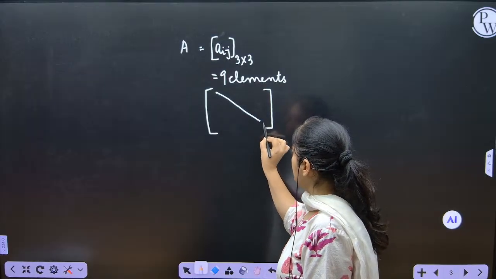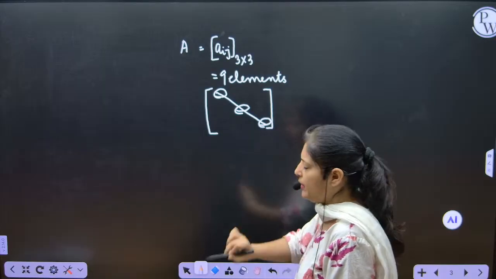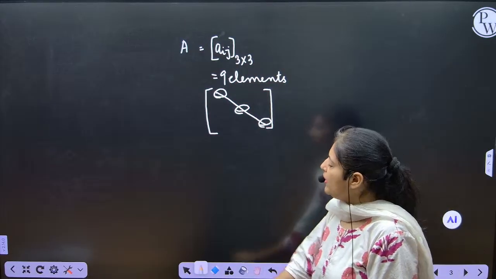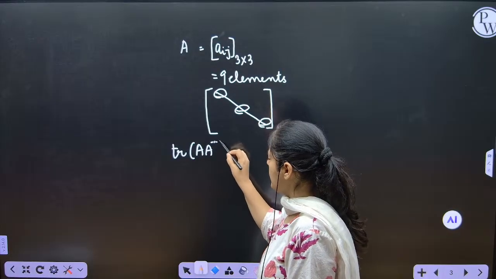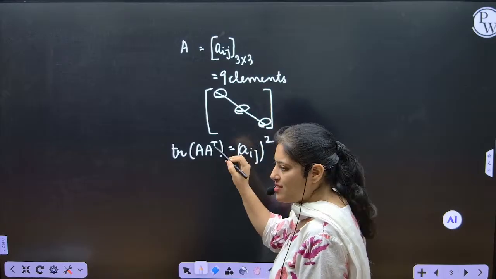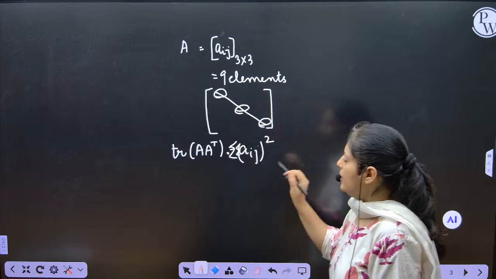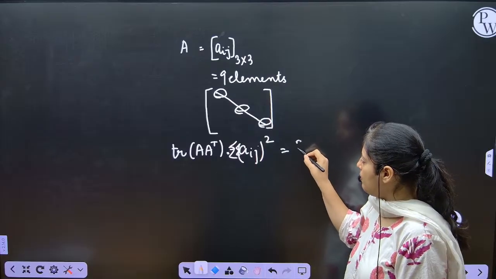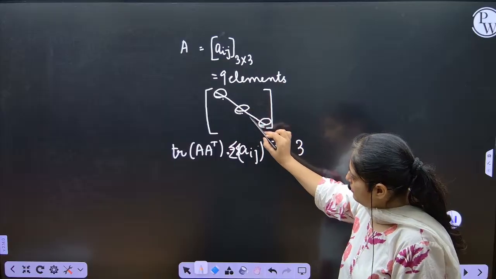Only diagonal elements we are talking of. That means one element here, one element here, and one element here. That means only 3 elements we are talking about in the trace case. So in trace of A A transpose, which is nothing but the sum of A_ij whole square, where sigmas are already there, this number should come out to be 3.